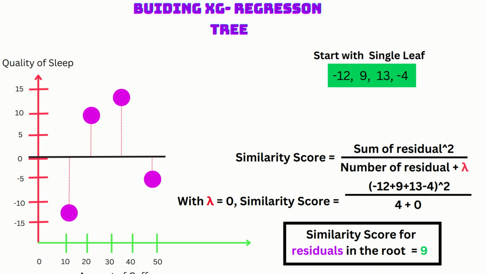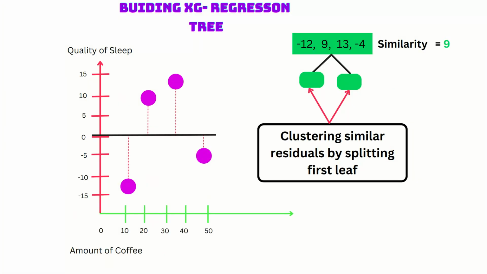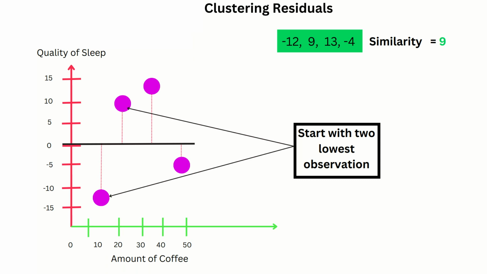We call the first leaf the root because it is the start of our tree. Now the next step is to split the root leaf into child leaves by clustering similar residuals. To perform clustering, we require a specific threshold. So we select the first two observations with the lowest amounts.